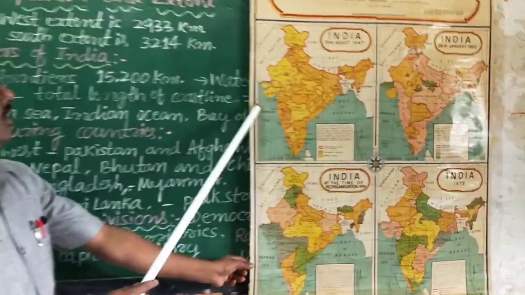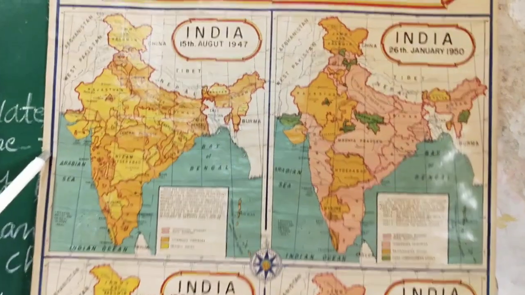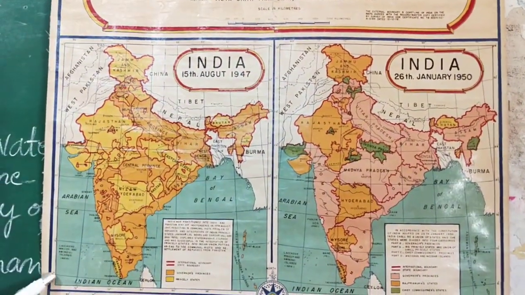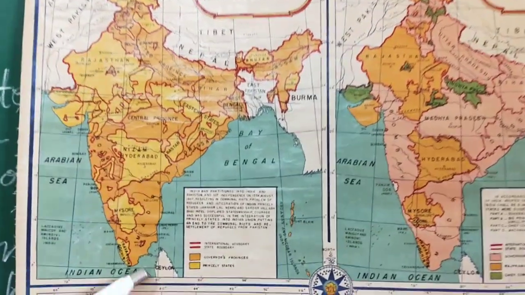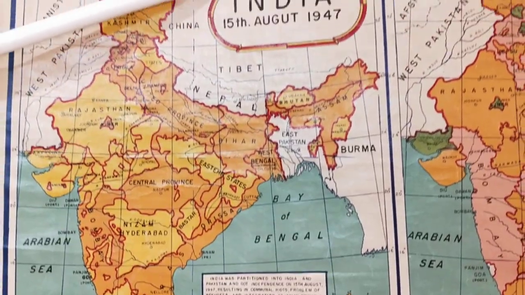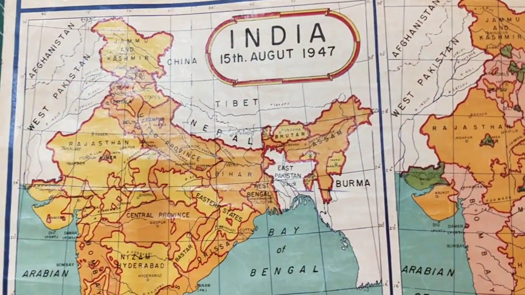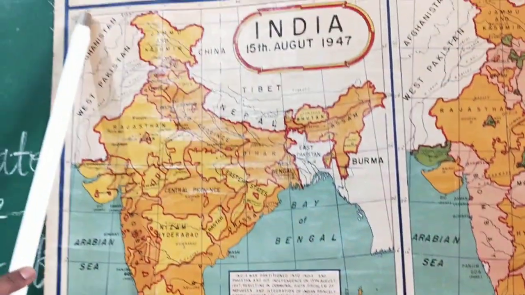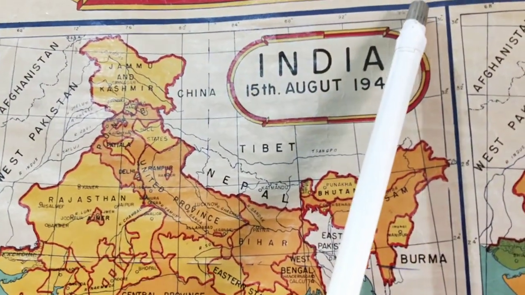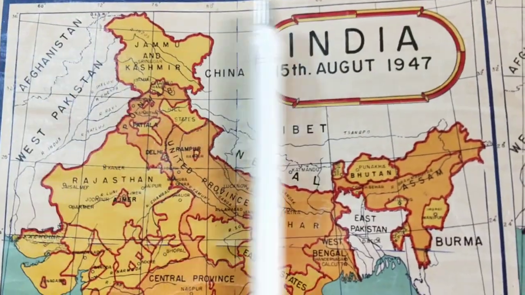Latitudinal and longitudinal position of India. India extends from 8 degree 4 minutes to 37 degree 6 minutes north latitude. Then longitude 68 degree 7 minutes to 97 degree 25 minutes east longitude.